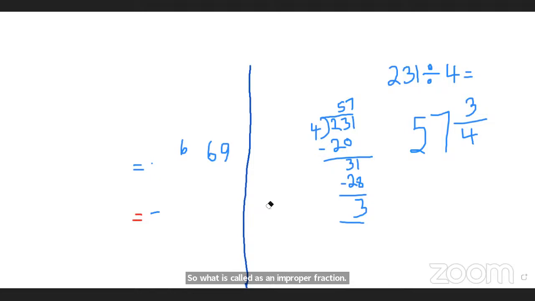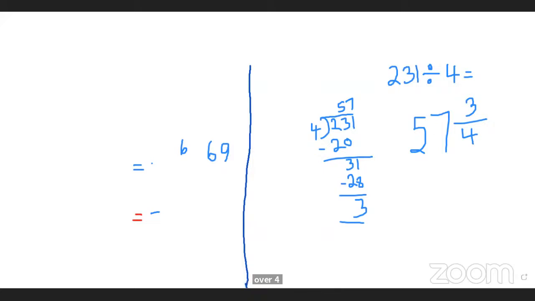Anyone? Numerator greater than denominator. That's correct. Numerator is larger. Okay, the right word is greater. That's good. Okay, so now the same question we have written on the board, the mixed fraction, 57, 3/4.